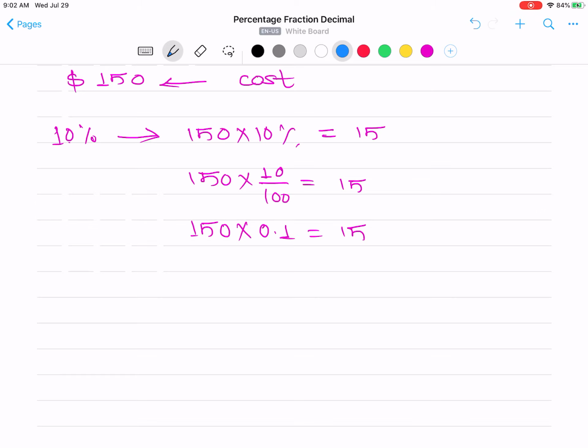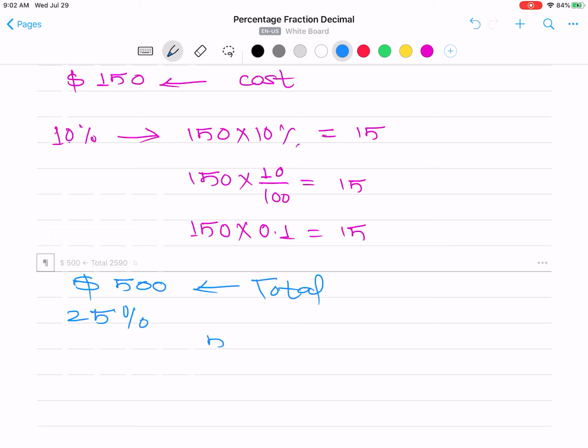Okay, let's take another example. Let the total cost be 500, and you need to calculate 25%. This can simply be done by multiplying 500 by 25%, and this will give you 125.